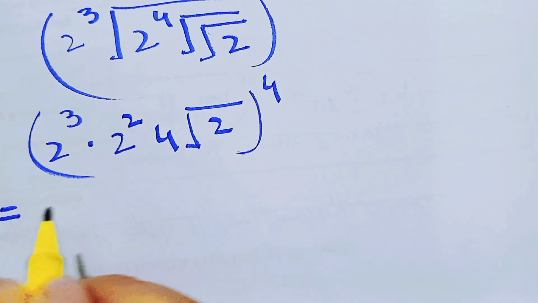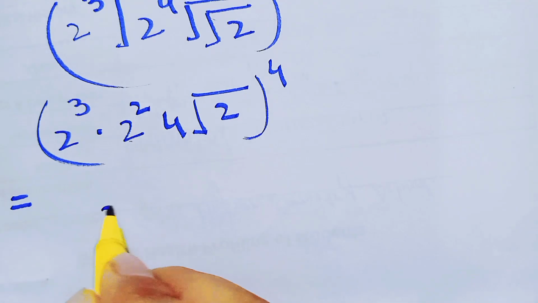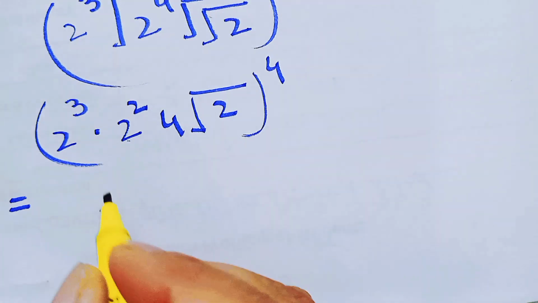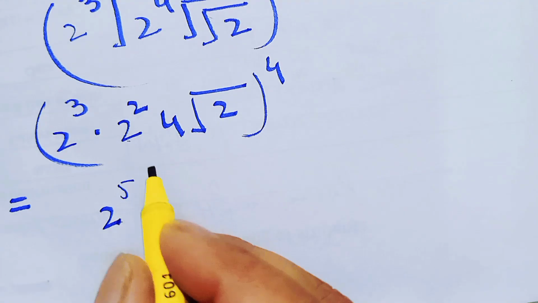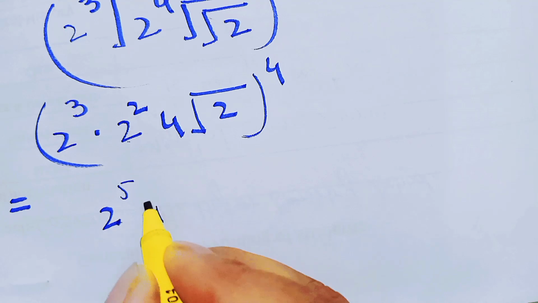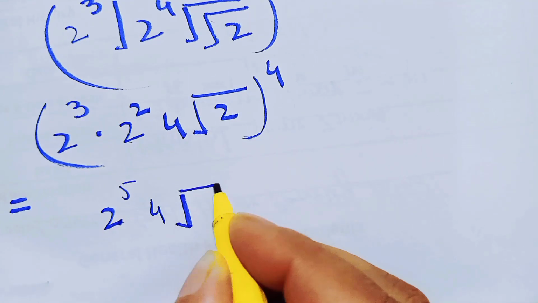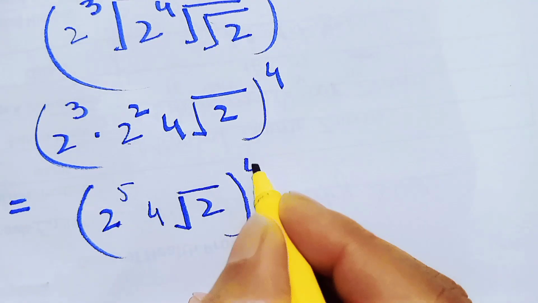In the next step this 2 and this 2 are the same base, so we add powers, 3 plus 2 is 5, and then this 4 and the square root of 2 and the whole to the power of 4.